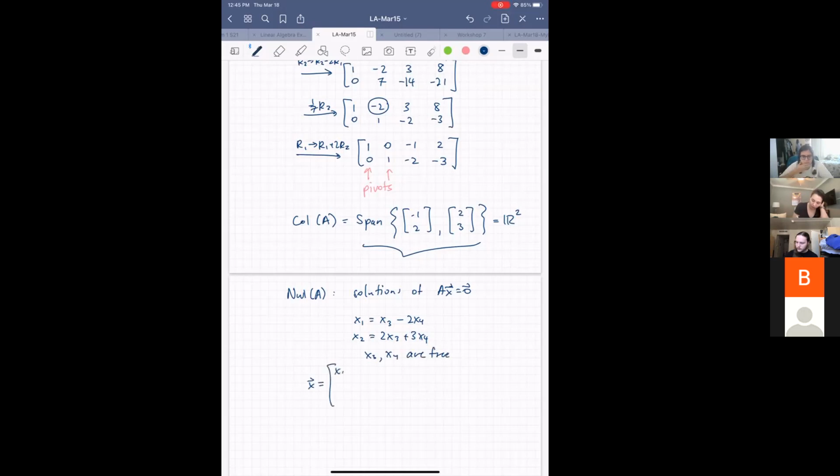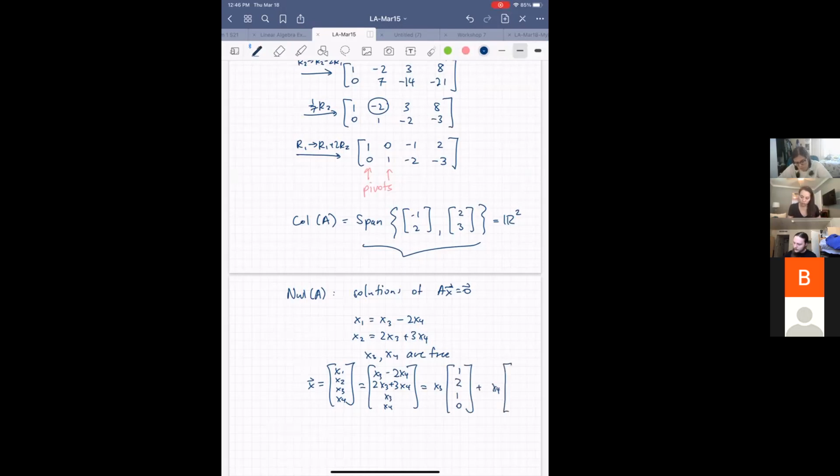So a solution will look like a vector in R4, where the first 2 coordinates we can just replace with these equations that we got, and then we have x3 and x4. This is just the process we've been doing for a while now. We just pull out that x3, create a vector for x3, and another one for x4.